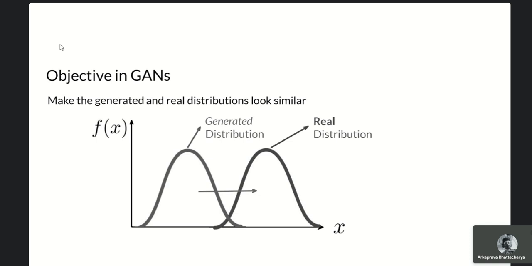The main objective of GANs is to make the generated and the real distribution look close to each other. And of course, during the whole process, the discriminator is trying to distinguish between the real and fake distributions as much as possible. So we want to move the generated distribution close to the real one, but the discriminator is trying to delineate or distinguish between the two.